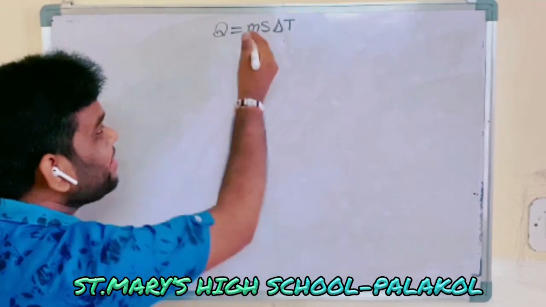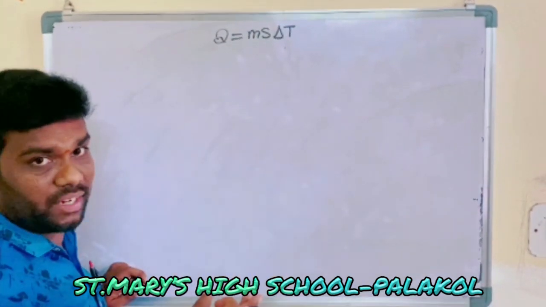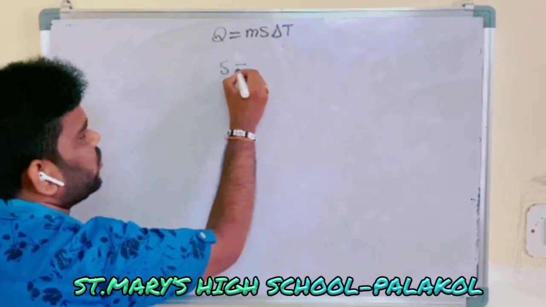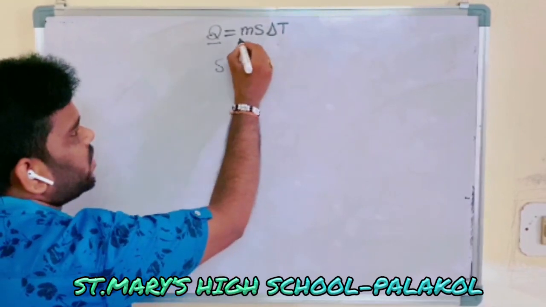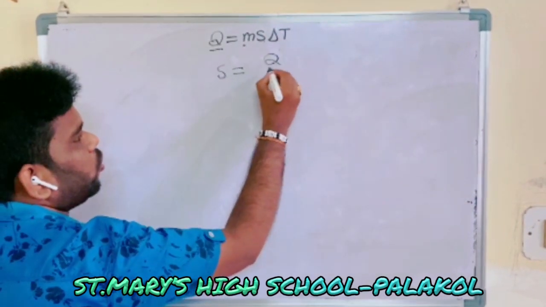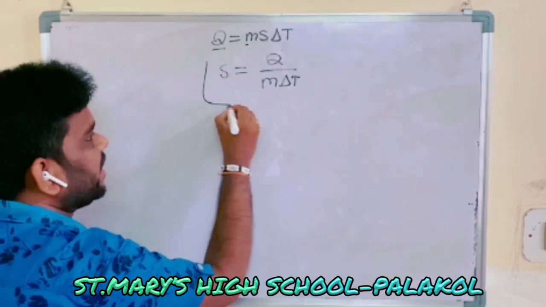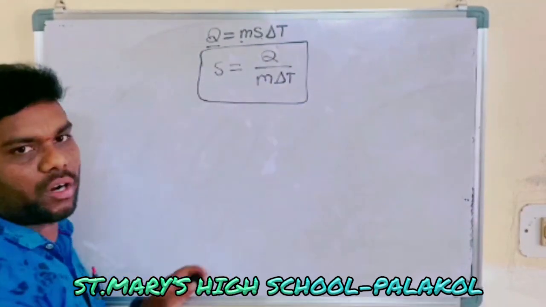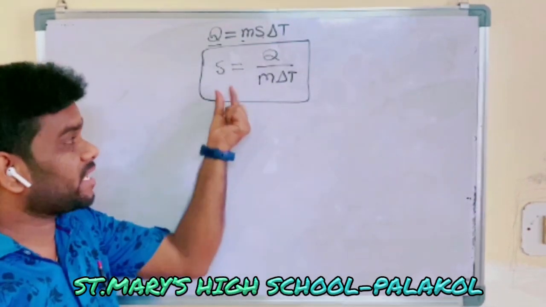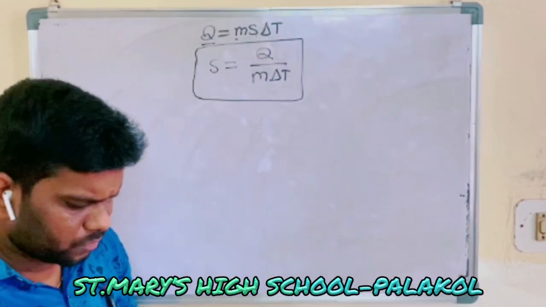Now, in this equation we want the specific heat, so S is equal to Q by M delta T. It is a very important formula.